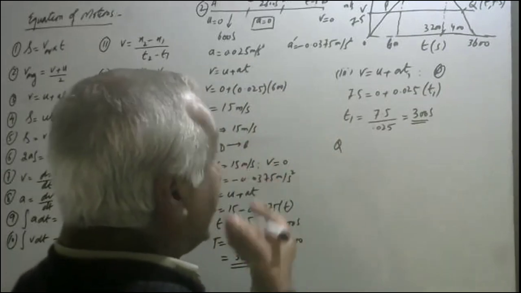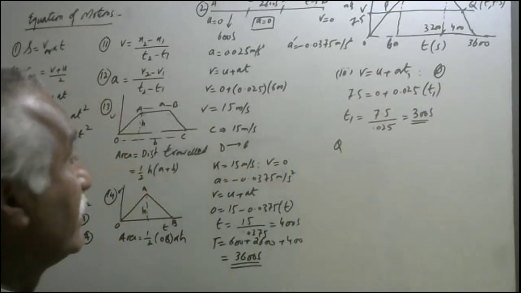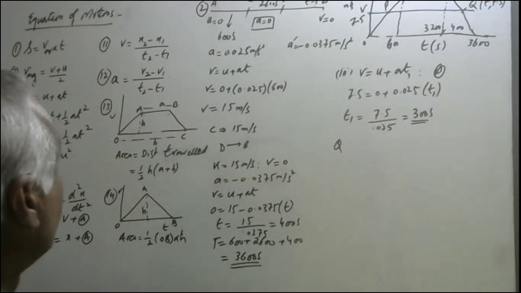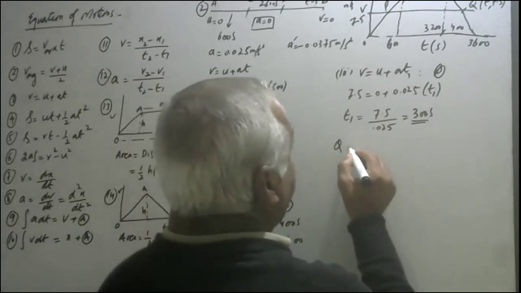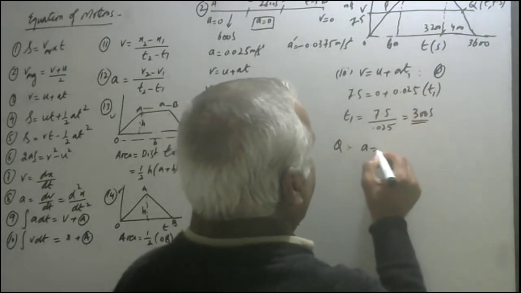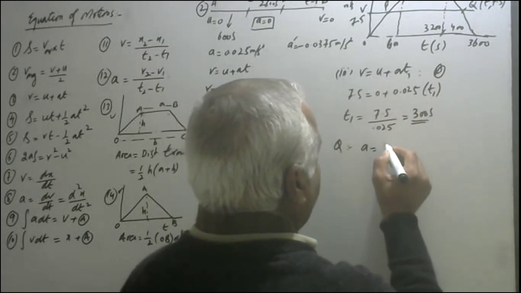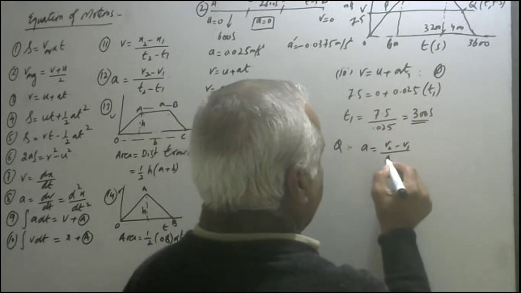So the deceleration for the particle from this position to point Q is equal to minus 0.0375. So we can use the gradient formula. Acceleration is equal to V2 minus V1 over T2 minus T1.